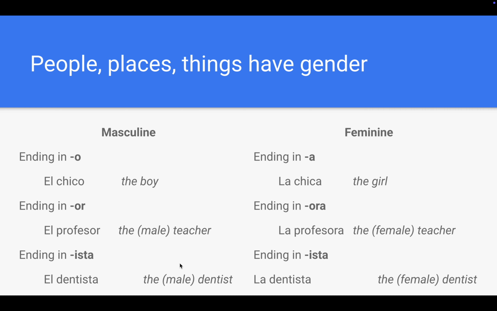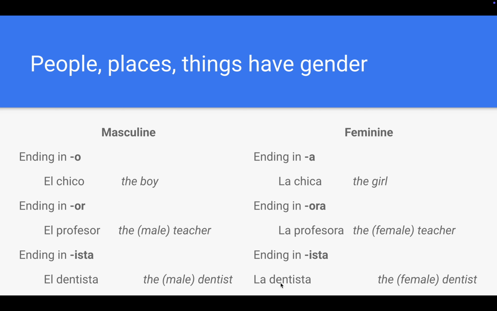There are some words that are not inherently masculine or feminine. For instance, anything that ends in an ista, it could be masculine or it could be feminine. So dentista, just the word dentista on its own, we don't know if it's masculine or feminine. It ends in an A, but it's not automatically going to be feminine. If it's la dentista, that la is telling us that it's feminine because that's the feminine article.